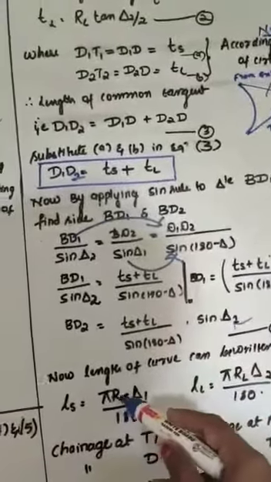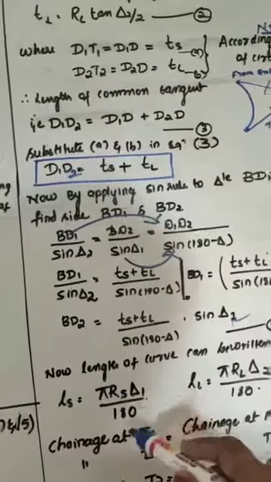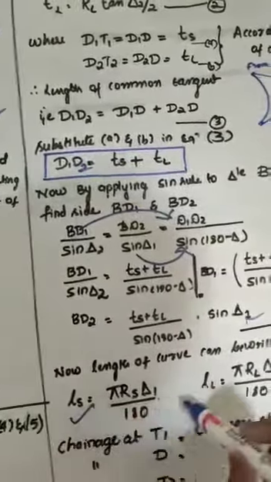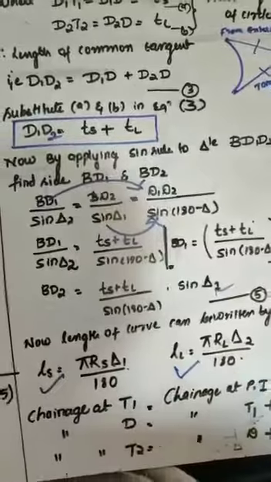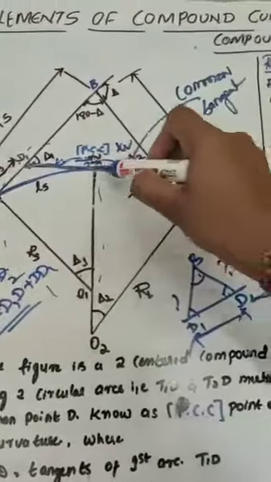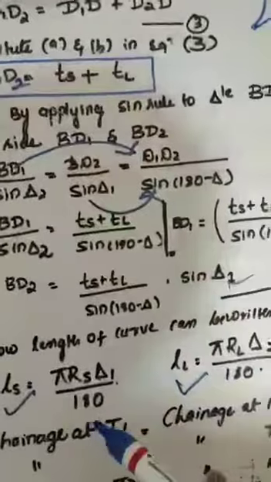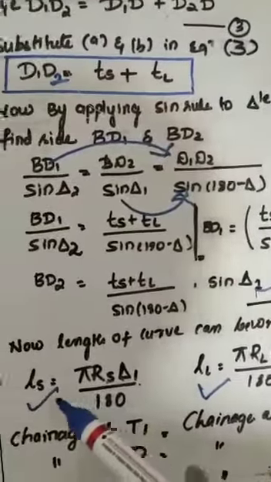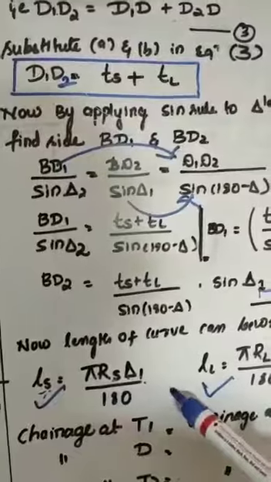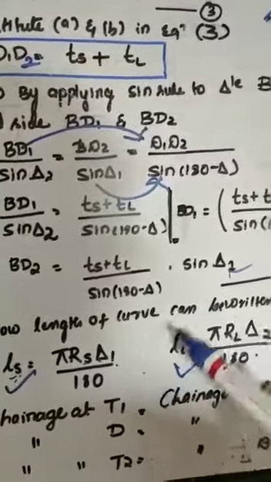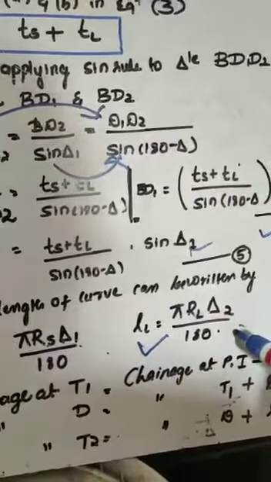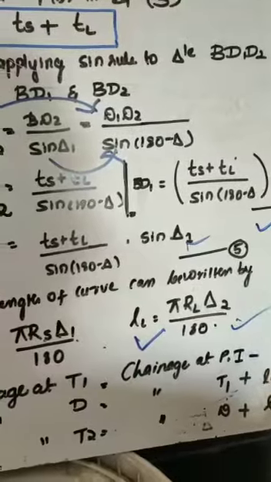In place of r, it is rs. In place of delta, this is for the first curve and this is for the second arc, so this is for the small curve and the long curve. For the short curve, the length is pi rs delta 1 by 180, and for the long curve, it is pi rl delta 2 by 180.